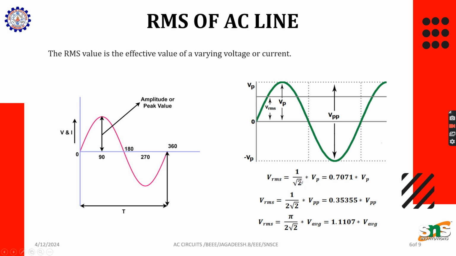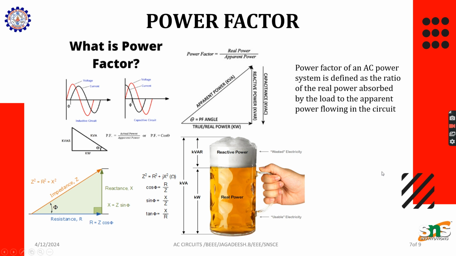When we divide the peak value by root 2, that is exactly called the RMS value. Peak to peak value can also be shown on the graph. See here, VRMS is equal to 1 by root 2 into V peak. That means peak value divided by root 2 is the VRMS value. 1 by root 2 can generally be written as 0.707. Clear?